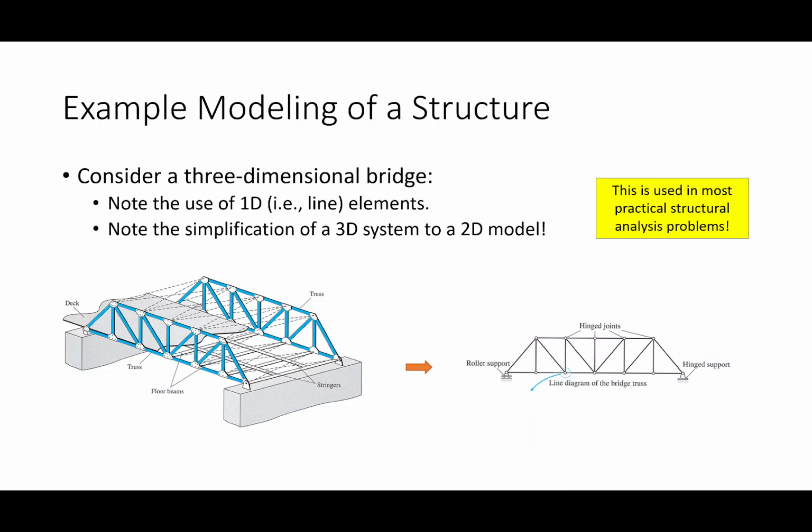What we will do as structural engineers is we will take this three-dimensional system and idealize it into a two-dimensional problem. Instead of looking at the entire bridge in one fell swoop, we'll look at each line of trusses one at a time. This is probably the most common way of modeling a structure, to take a three-dimensional structure and idealize it into a two-dimensional model.